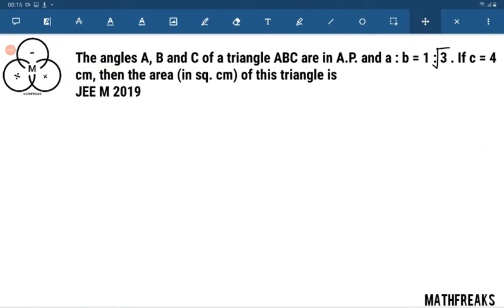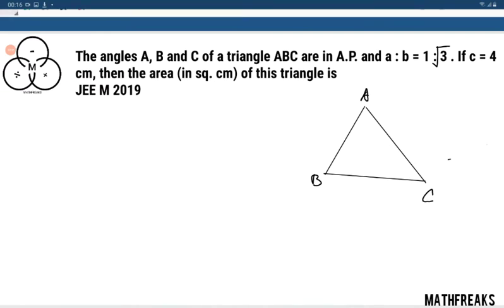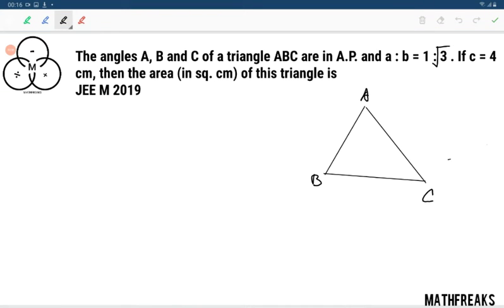The angles of triangle ABC are in AP. This is our triangle A, B, C. The angles are in AP.